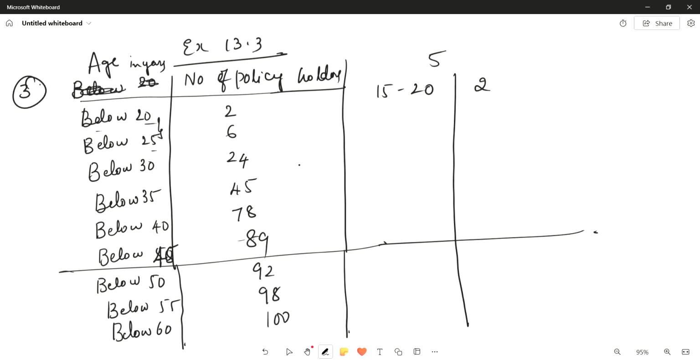Now below 25 means below 20 also included, correct? So below 25, 6 is there, and even below 20 is included with that. We want only between 20 to 25, so 6 minus 2, 4 will be the frequency.